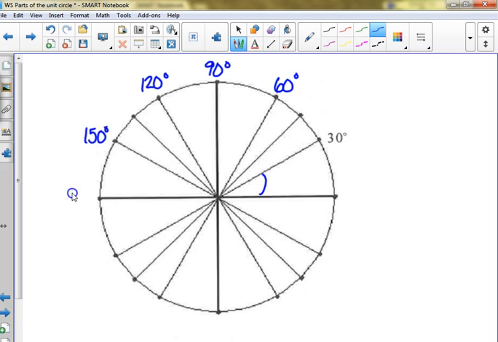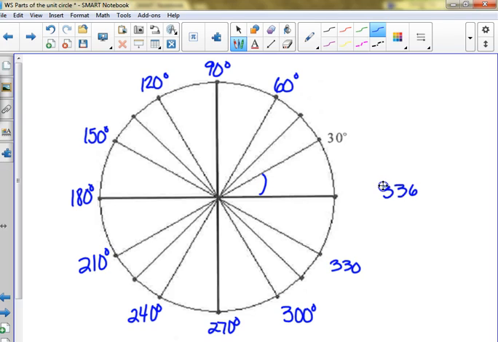And another 30. And another 30. 240, right? And another 30. And another 30. And this would be 360 or 0. Okay.